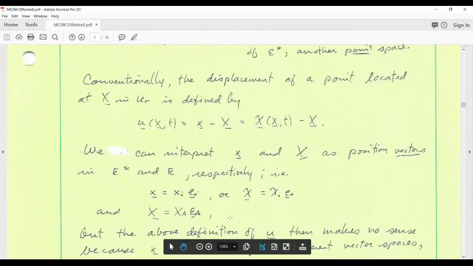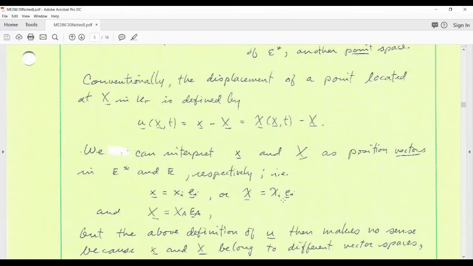So that's maybe well illustrated by using a Cartesian basis in both cases. For example, this is the position vector x. That's the difference between position x and position of the origin in the point space E star. Or because x is the value of chi, we could decompose chi in the same basis.